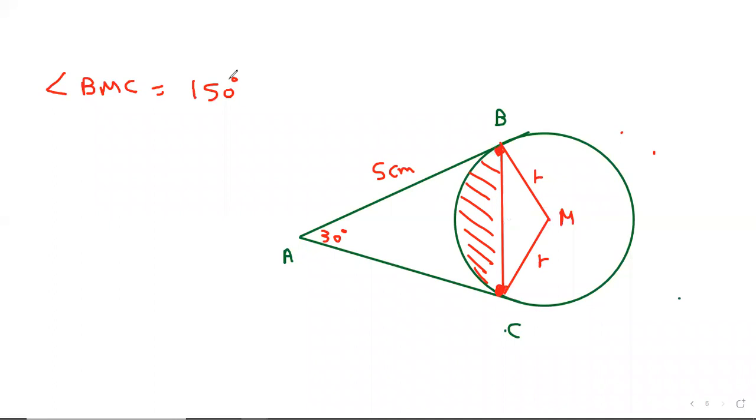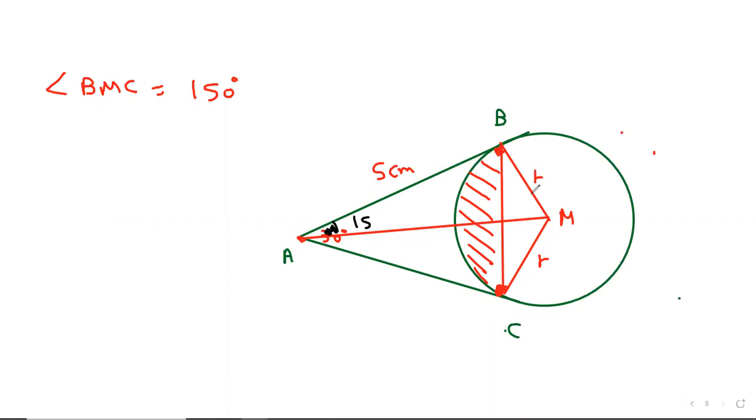To find the radius, just draw a line here and focus on this triangle. The line joining this point and the center of the circle divides the quadrilateral into two congruent triangles. So this angle is going to be 15.